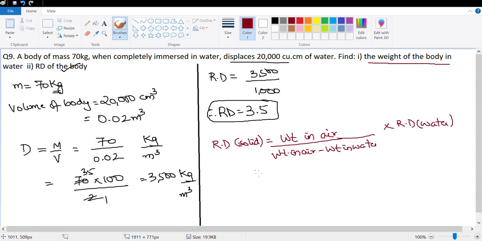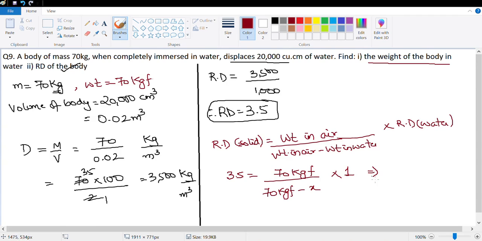So relative density of the solid is 3.5 is equal to weight in air, which is 70 kgf, upon weight in air, that's 70 kgf minus weight in water, let's say x, multiplied with relative density of water, that's 1. Let's cross multiply. So that's 70 into 3.5.